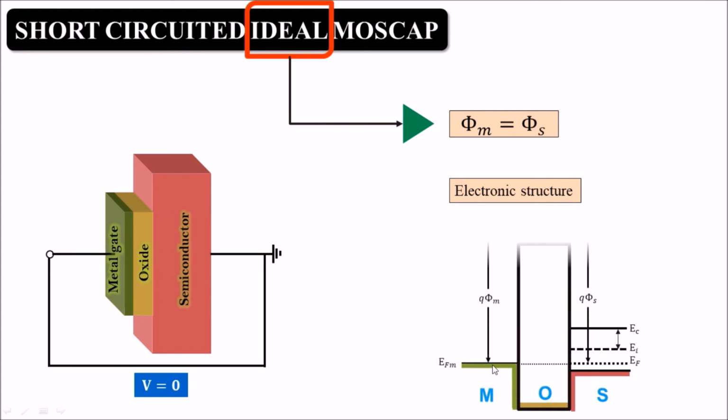This EF of the metal and EF of the semiconductor are at the same level, so the work functions q phi m and q phi s will be the same.